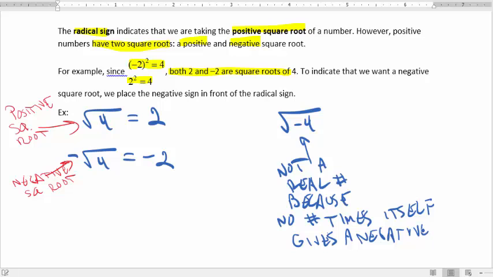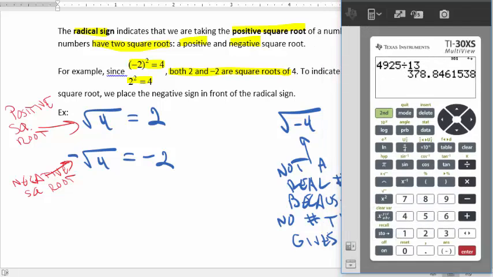If I multiply two positives, I get a positive. If I multiply two negatives, I get a positive. So nothing times itself would give you a negative. You can see this on the calculator. If I use the radical sign on the calculator, square root of negative 4, I get an error message, domain error, because it's not a real number.